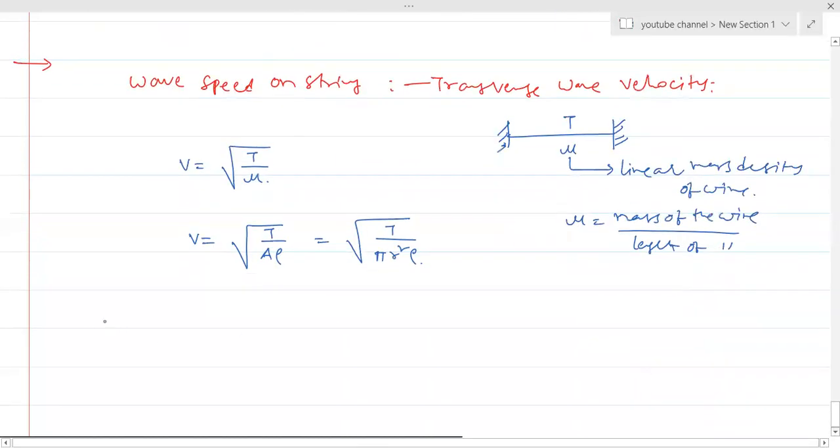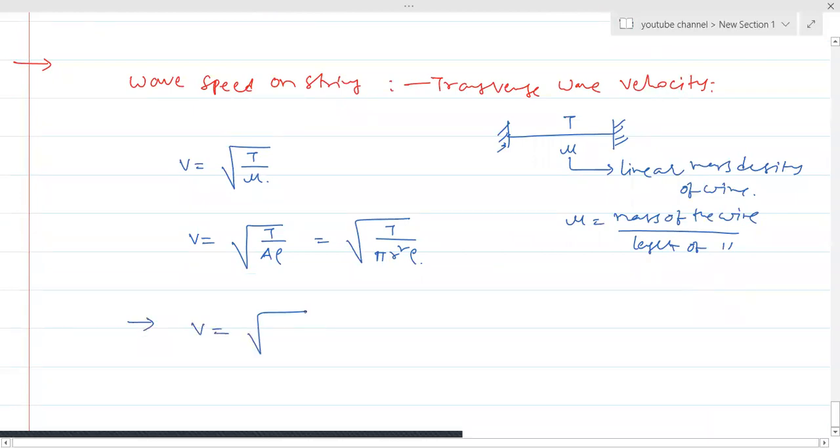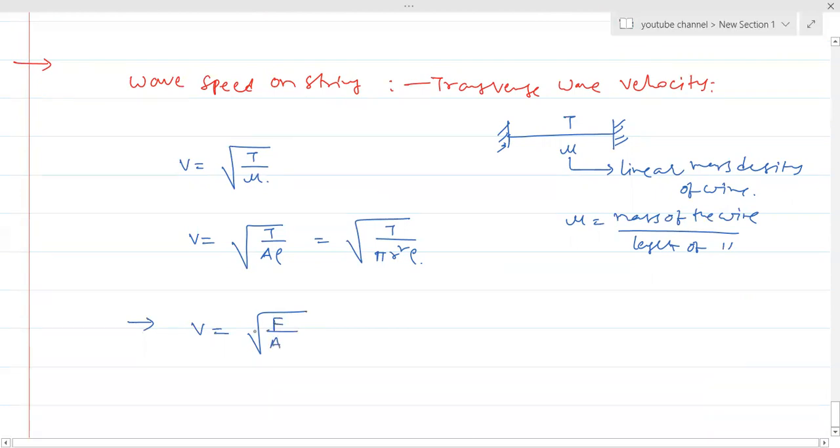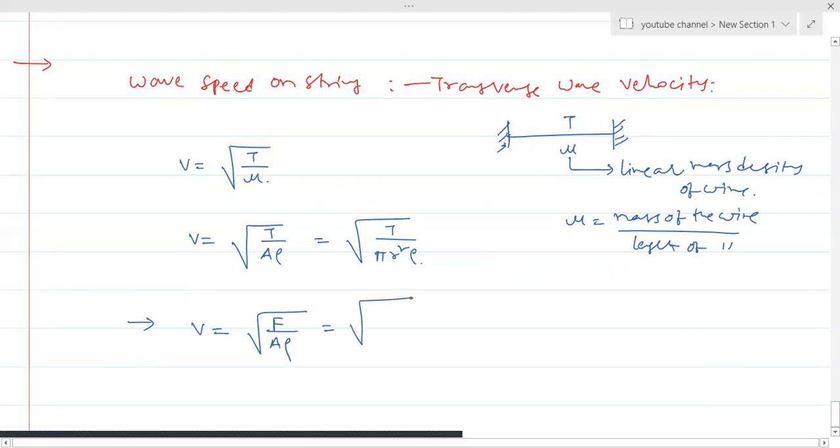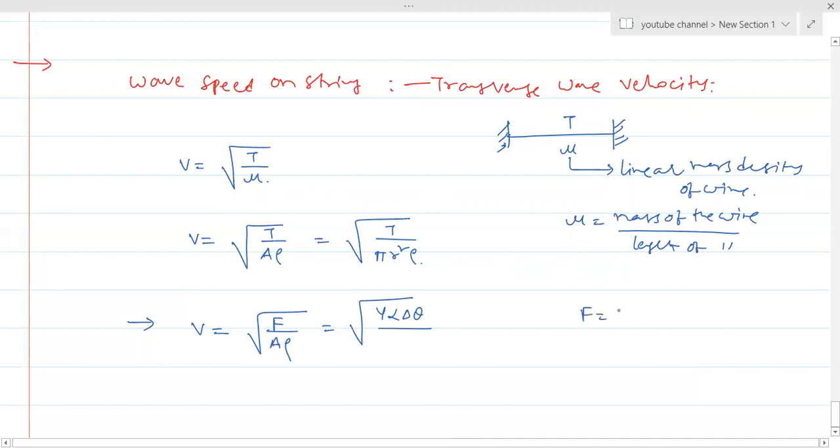Also we will consider when elasticity is taken into consideration. So we will write this T by A as force by A into rho. F by A is already known to us. That is F equal to Y A alpha delta theta. Already we have a formula in elasticity. From there we write F by A equal to Y alpha delta theta by rho. This is very important.